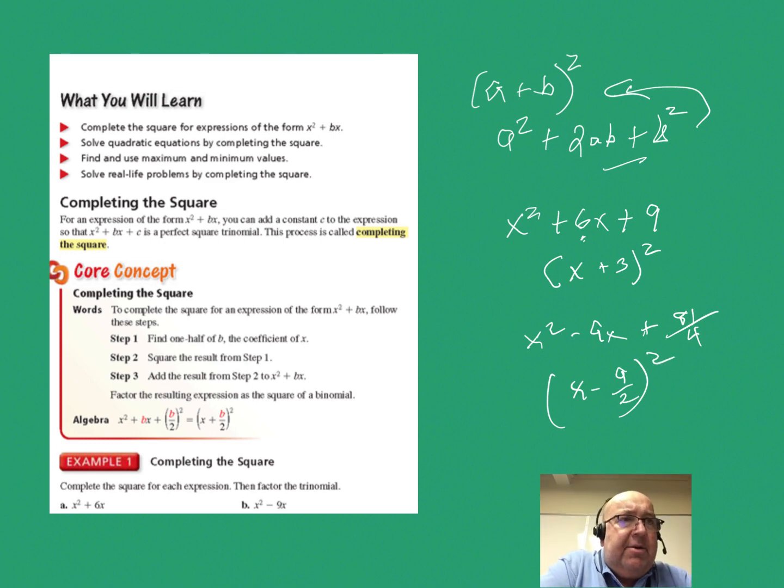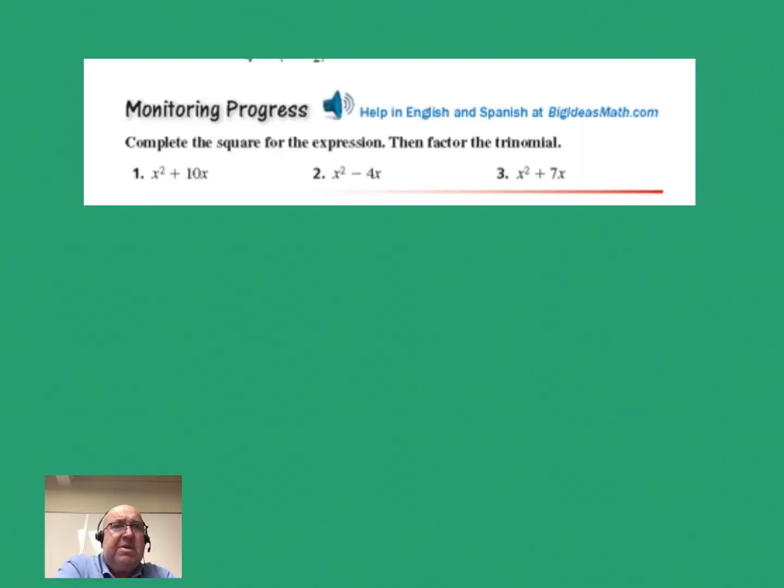You'll start to notice that you don't really have to do this step where we write it out. You could go just to answering once you see it. So I'm going to do the first and the last one here real quick.